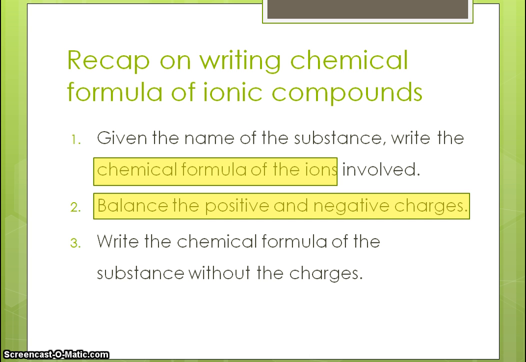Next, after writing down all the formulas of the ions involved, you then balance the positive and the negative charges. Lastly, after balancing the positive and the negative charges, you write down the chemical formula of the substance without the charges.